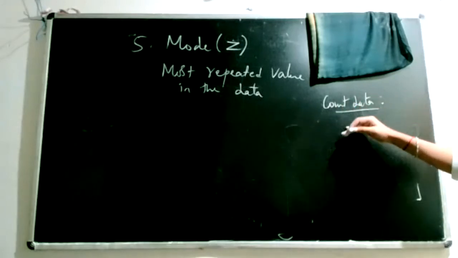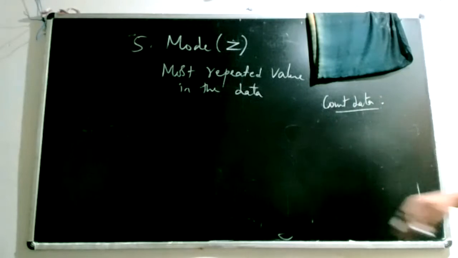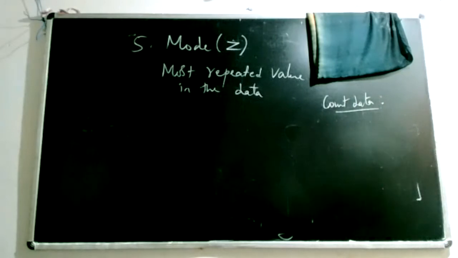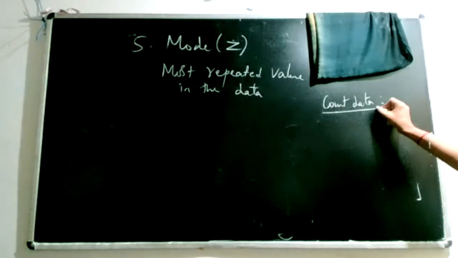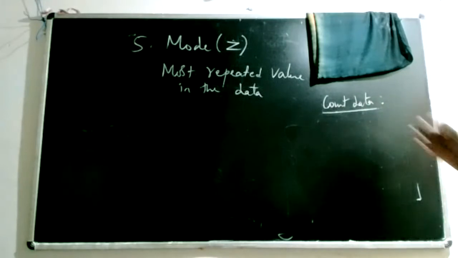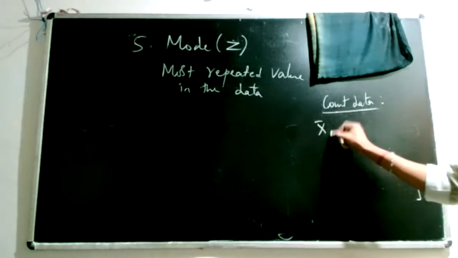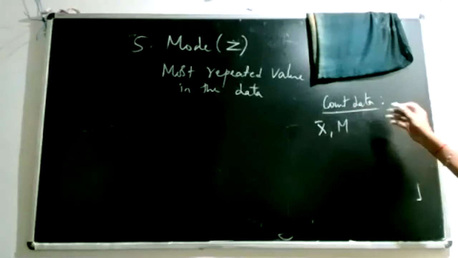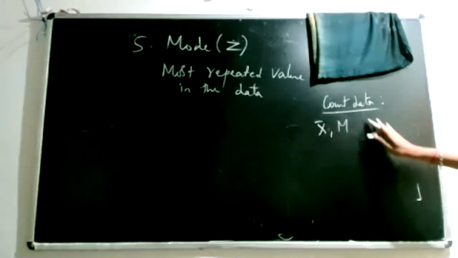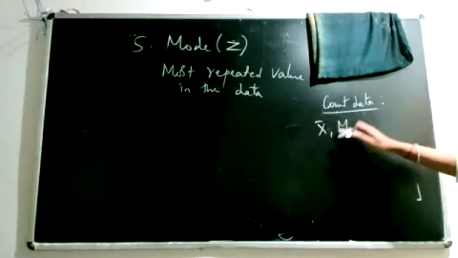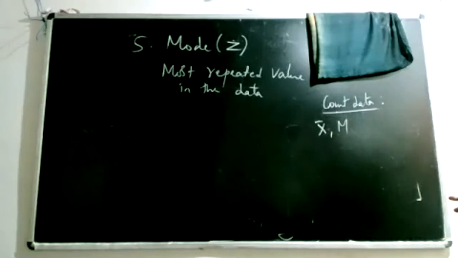Number of deaths, number of births, number of vehicles, number of female children per family, number of accidents, all such cases come under count data. Even for such count data, your x bar, your median, your GM, every measure is equally logically defined, and you could obtain numerical values for those measures.